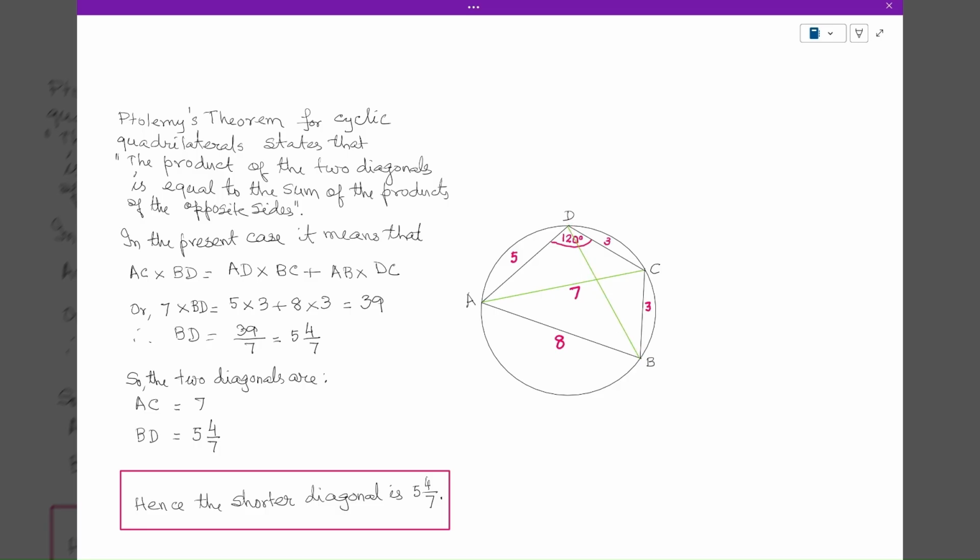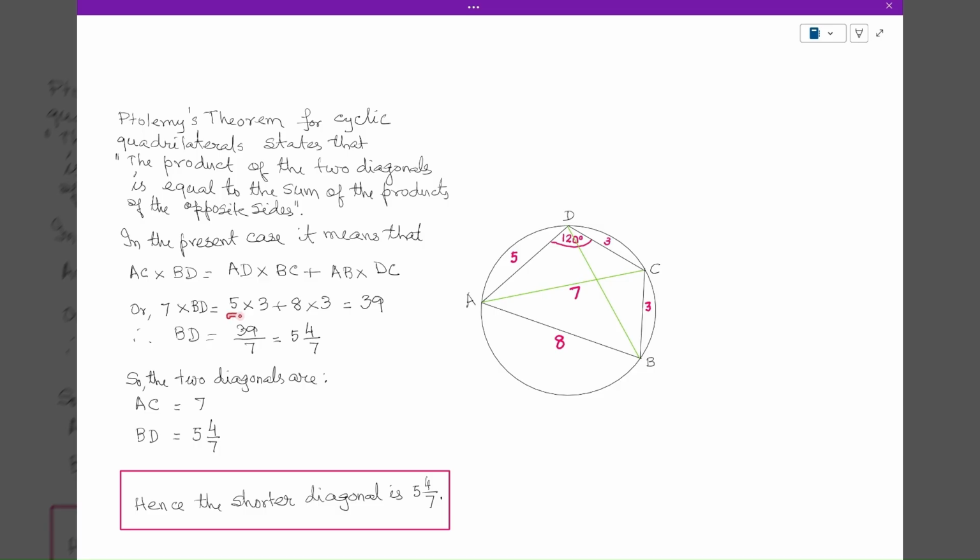In the present case, therefore, AC into BD is equal to AD multiplied by BC plus AB multiplied by DC. We know that AC is equal to 7. We do not know BD, so let it remain BD.